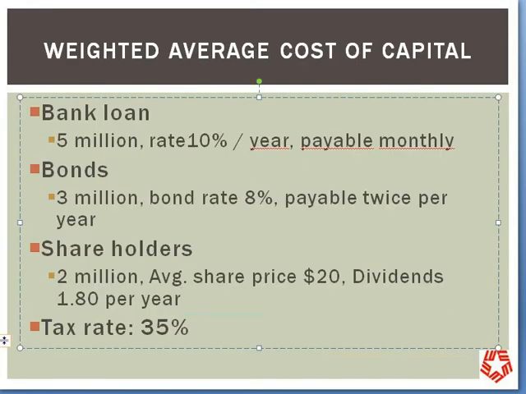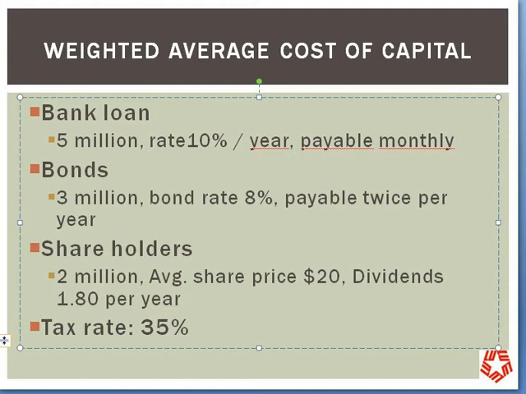So in this example, let's consider the sources of finance for this company. The total amount to be financed is 10 million, and we're going to have a bank loan, issuing bonds, and the shareholders will invest more in the company. So the bank loan is for 5 million. The rate is 10% per year, payable monthly.